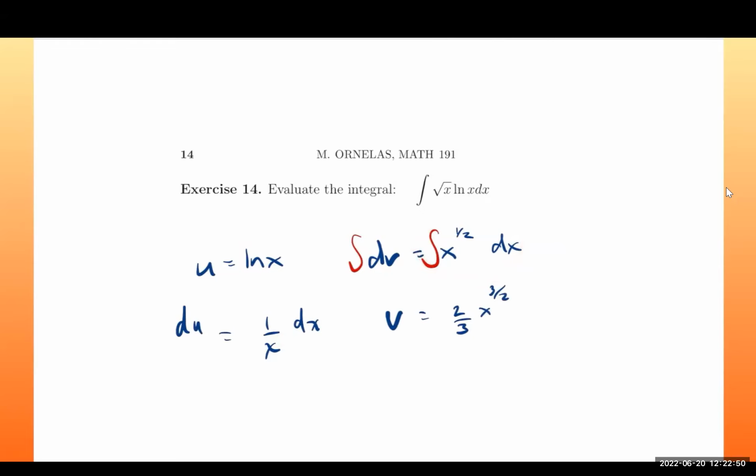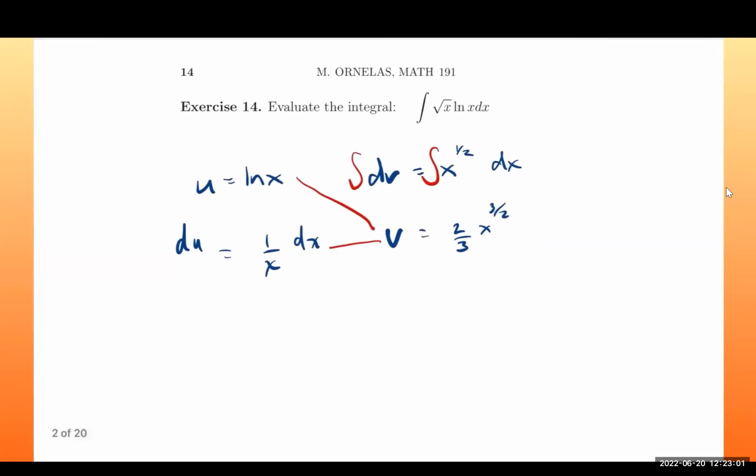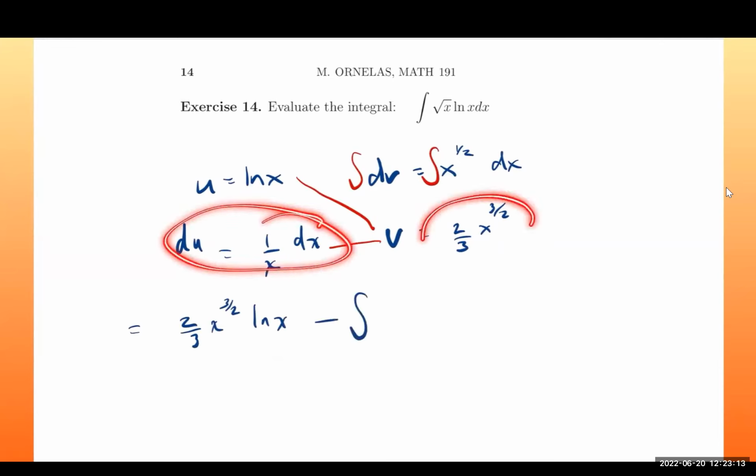And then the formula says it's u times v, so these two, minus the integral of these two. That's how I remember it: u times v minus the integral of v du. So it's going to be u times v minus the integral of this one times this one.